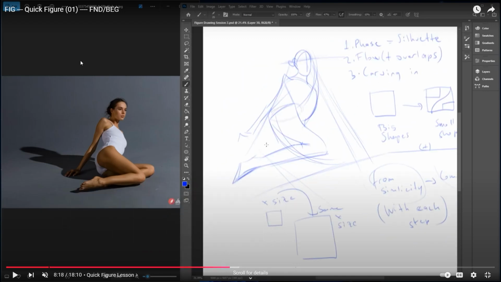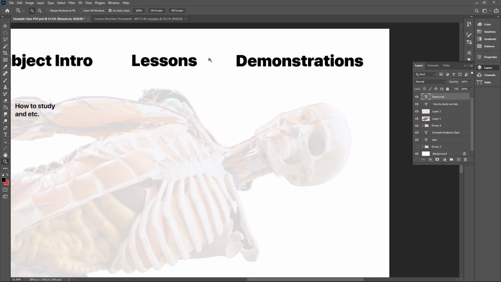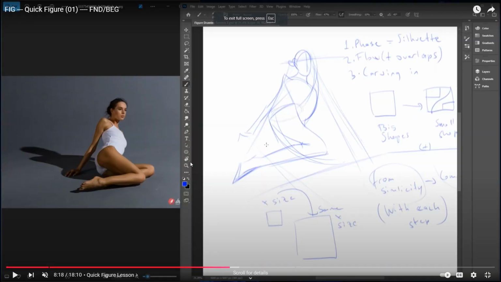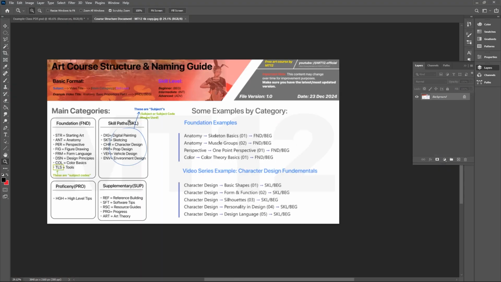The difference between this demonstration lesson and the actual lesson is that these are not prepared lessons. These are just on the spot. When I think that something is important, when I feel there is some explanation needed, I tell you. And this was recorded before I decided on the structure of the course.